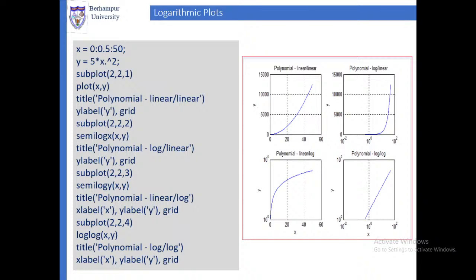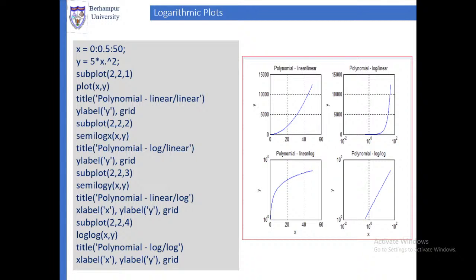Now we want to draw 4 plots, so that is why it is a 2 cross 2 plot. Subplot(2, 2, 1), so that is the first subplot, first corner. Plot x y, title is polynomial, linear to bilinear. Y label is y, and grid is on.